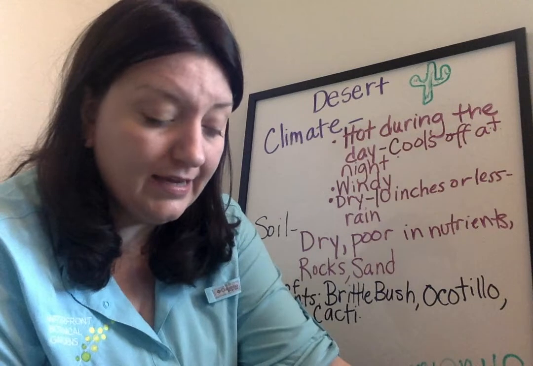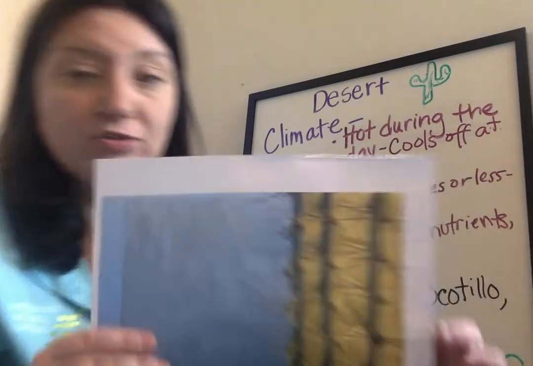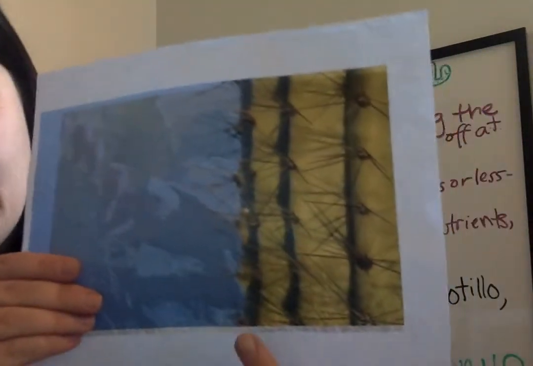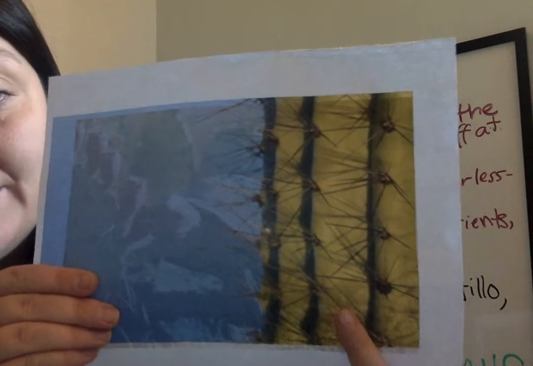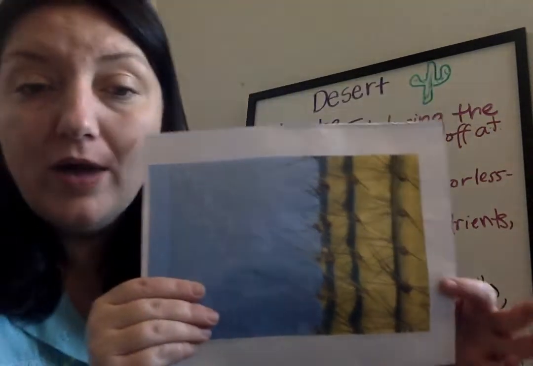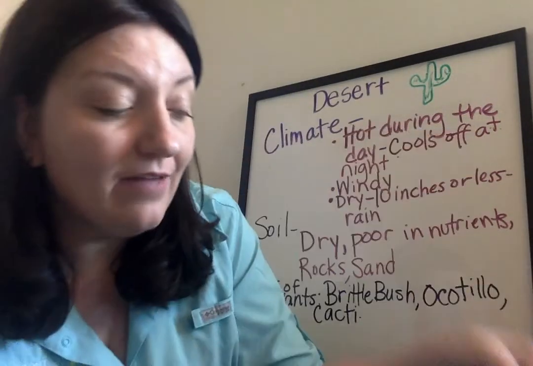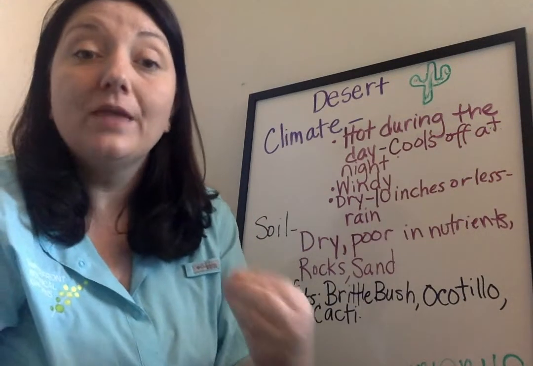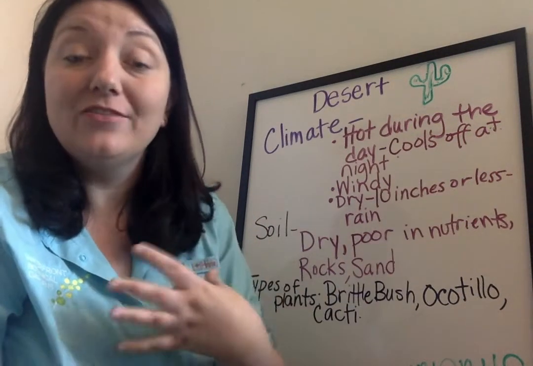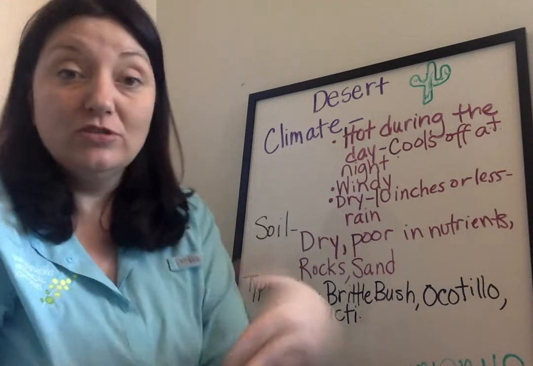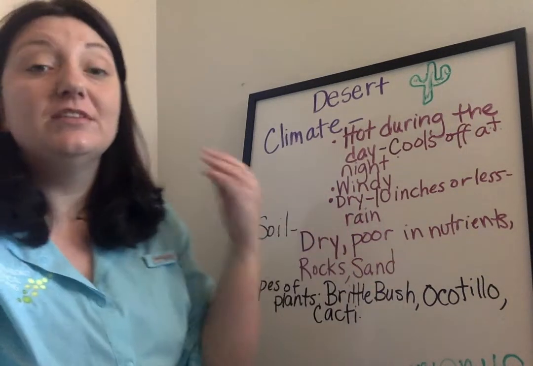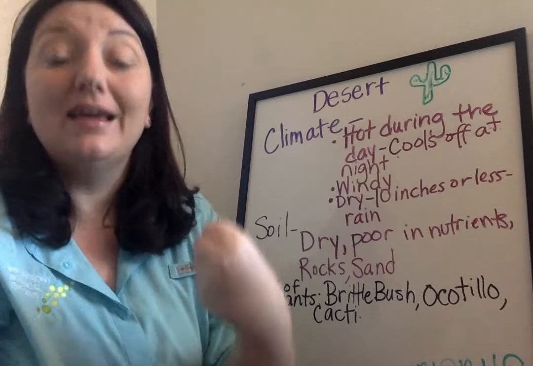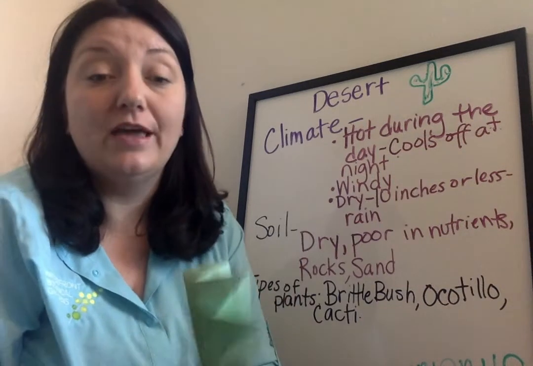So one of the things is that, remember this picture that I showed a moment ago of the organ pipe cactus? If you look, it kind of bends in and goes out and bends in and goes out. One of the ways that plants like this survive is that they are able to bring in water and store water inside their stem to be used for later, because it doesn't rain very often. So when it does rain, they want to collect that water and store it for later.